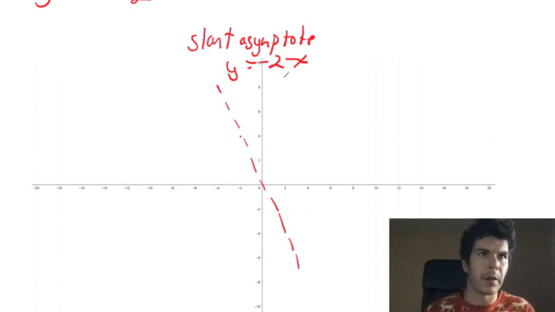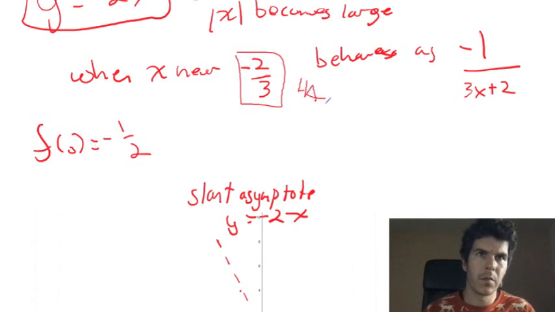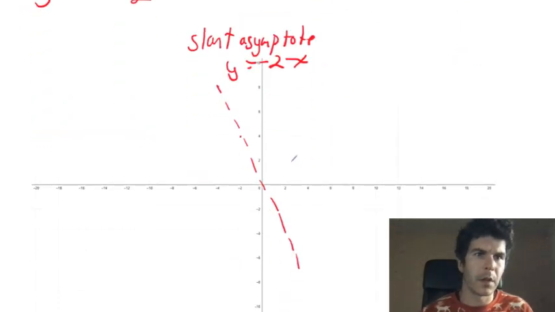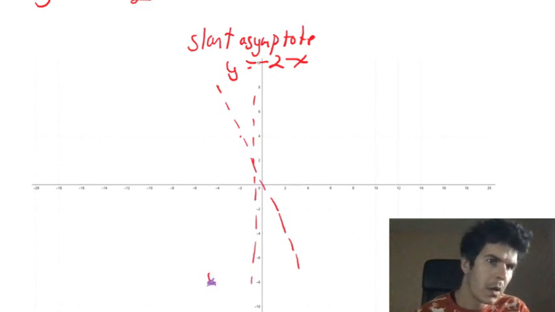Our other thing we want to put in is our vertical asymptote. This will be here, your VA. x equals negative 2/3, about here.